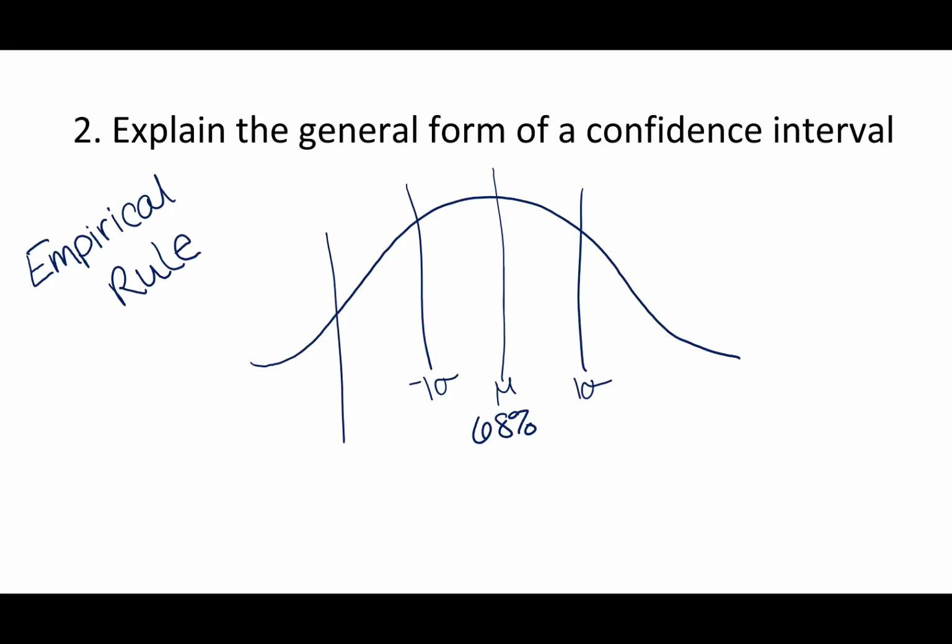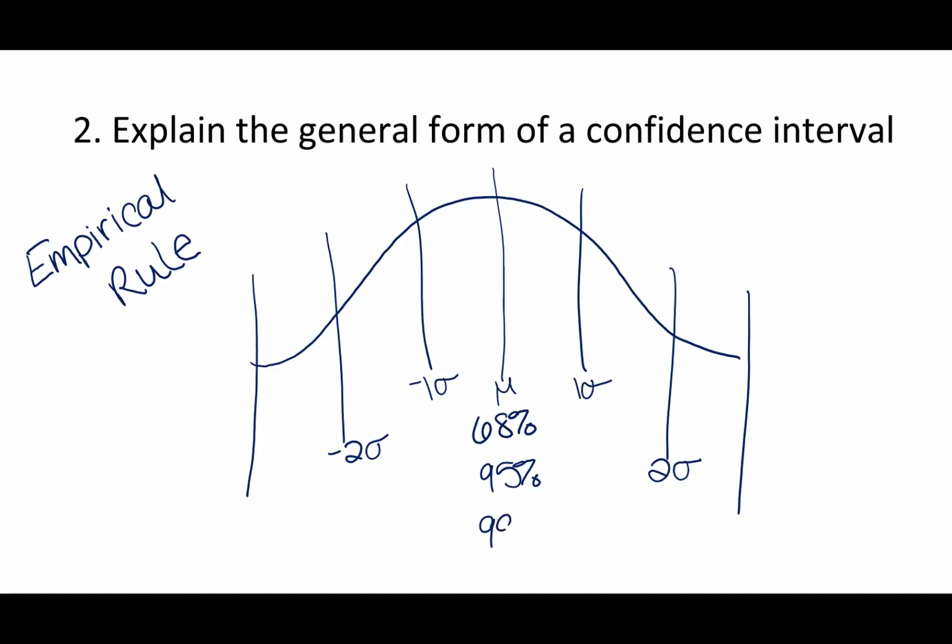The middle 95% of observations will fall within plus and minus 2 standard deviations of the mean. And about 99.7% of observations will fall within 3 standard deviations of the mean. This is sometimes referred to as the 95% rule because the most frequently used interval is 95%.